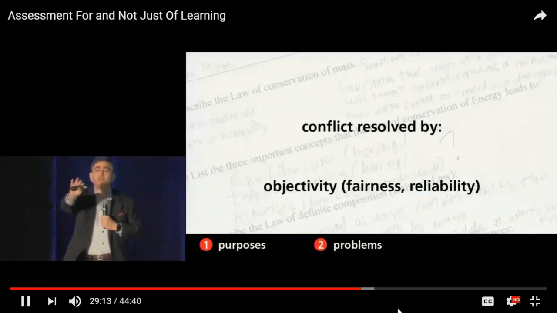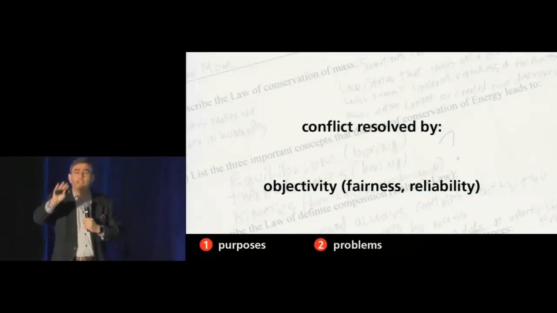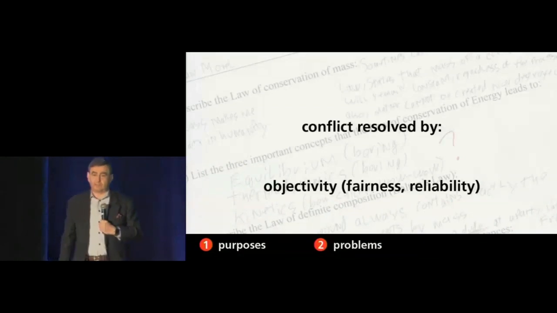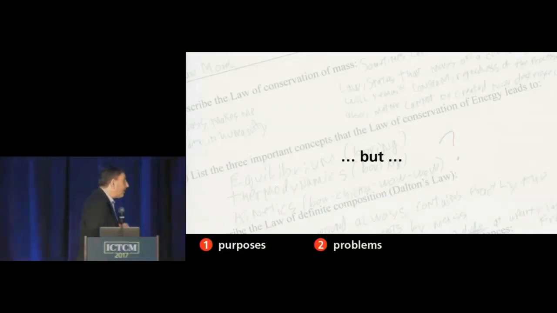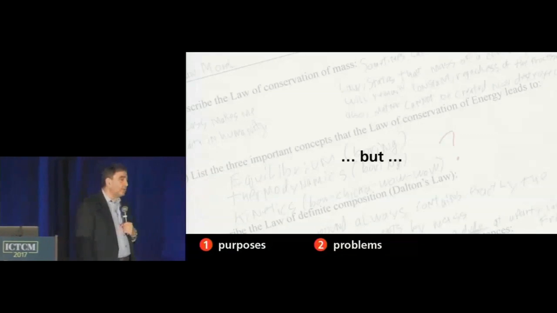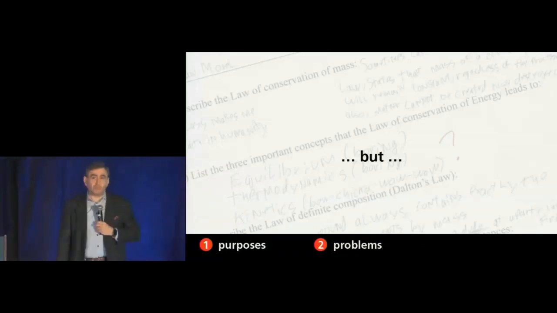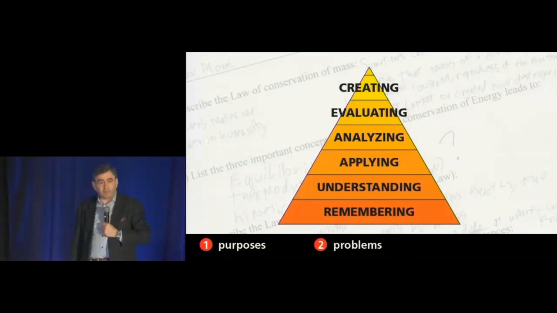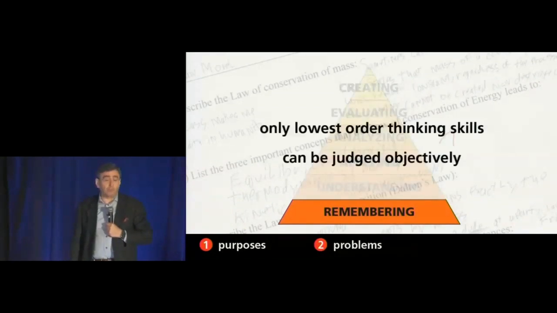I'll tell you how we get away with this. We get away with this by hiding behind a thin veil of objectivity. I'm going to assess you in a way that's completely objective and reproducible. But the only way to truly assess someone objectively, look again at Bloom's taxonomy, is by going all the way to the bottom.